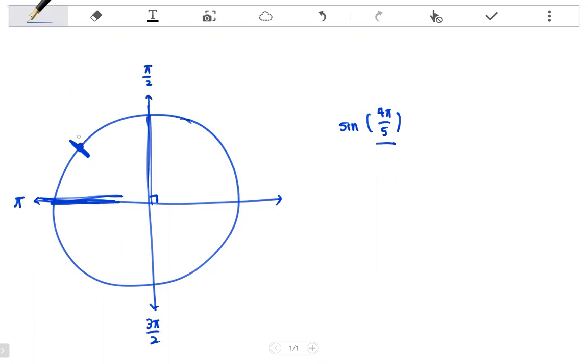So if we have a point A, and it's (A, B), then sine 4 pi over 5 is gonna be B. So the answer could be written as the y coordinate of point A, which is somewhere between those two points. We're not quite sure, but you can say the answer like that.